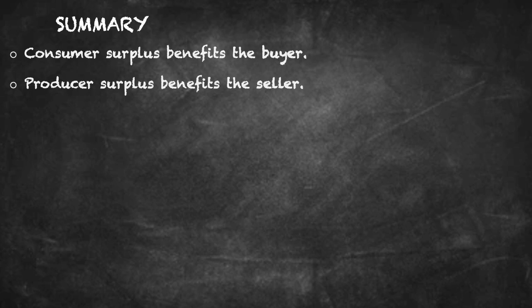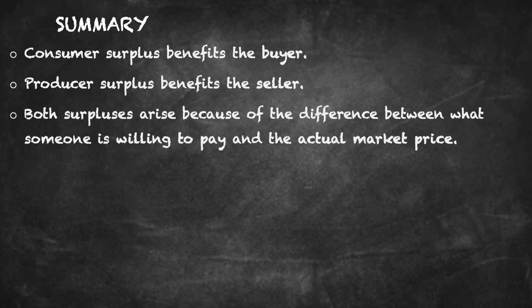When we're looking at the producer surplus, that's when the sellers are happy because what the consumer actually pays is bigger than what they had thought they were going to sell the item for.